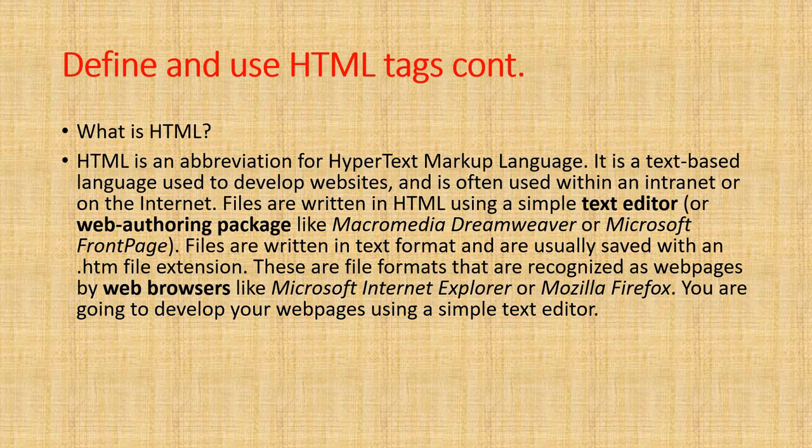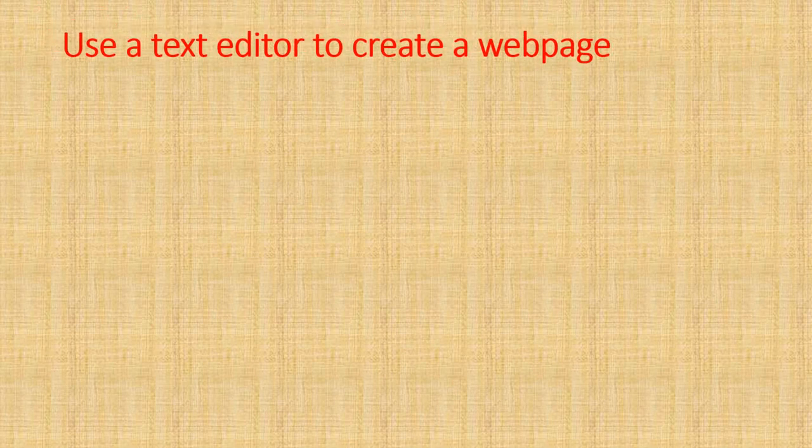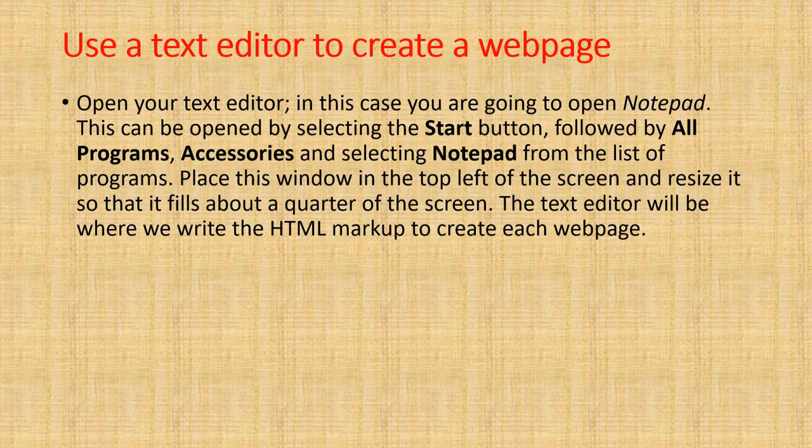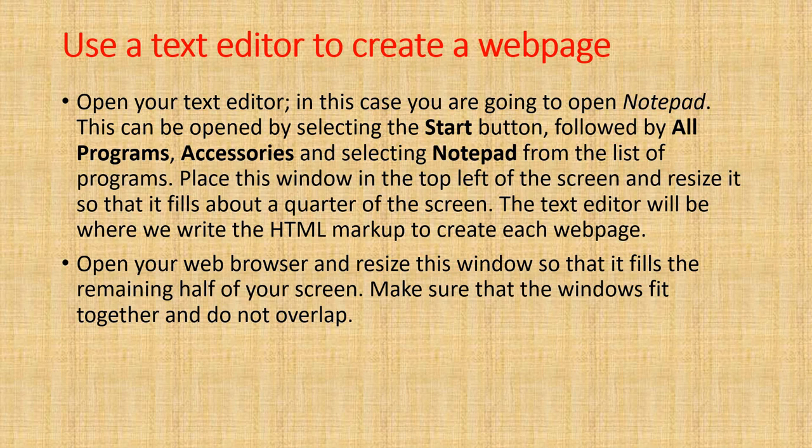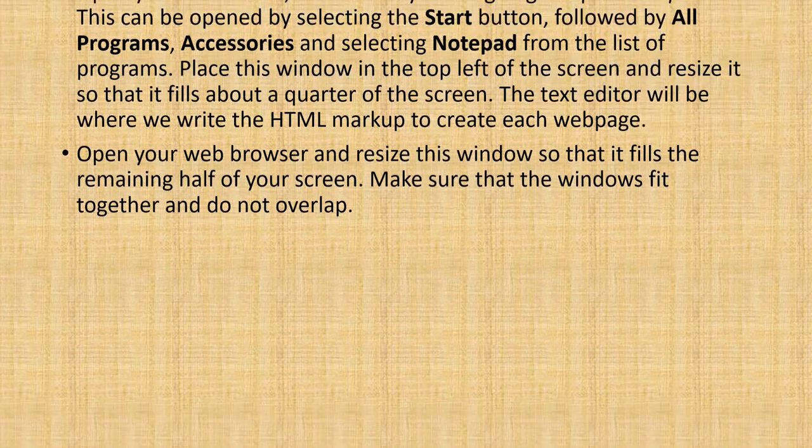For you to be able to manipulate these codes, you need to use a text editor like Notepad, or you can as well use Macromedia Dreamweaver. Now, how do you use a text editor? Like, for example, Notepad. You just go to all programs, accessories, and then you select Notepad, and you're good to go.